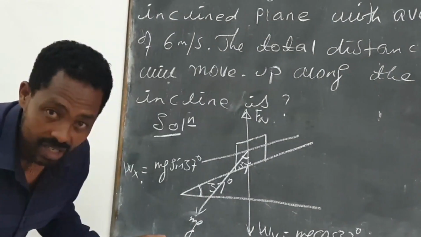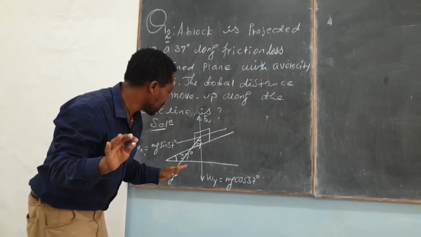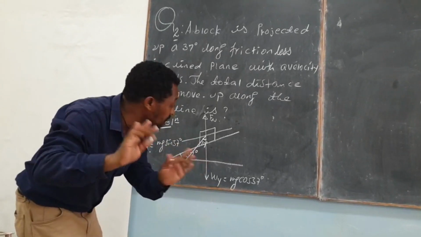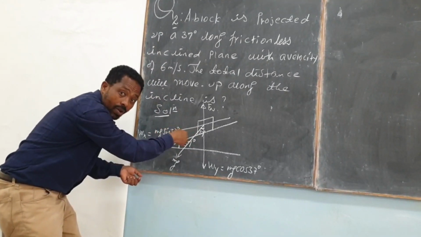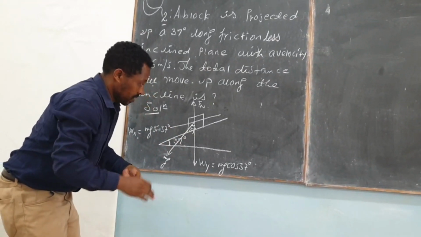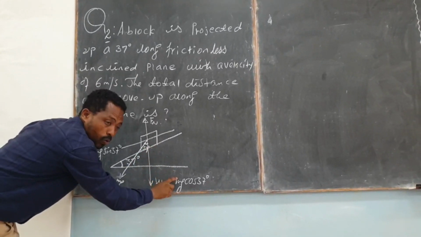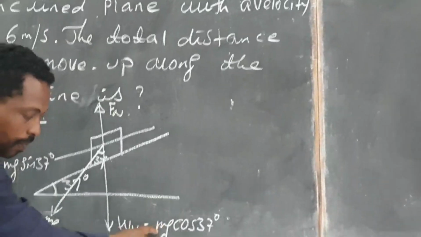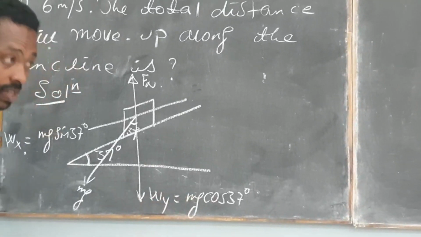As the information given to us says, there is no frictional force, and hence the only force acting upon the object is mg sine 37 degrees along the x-axis. Since the object is moving upward, there is no motion along the y component, mg cos 37 degrees.